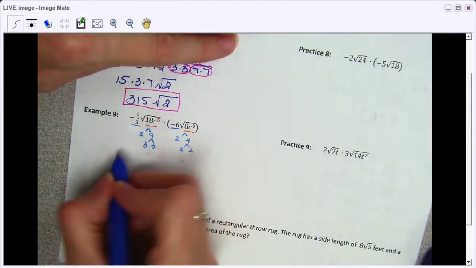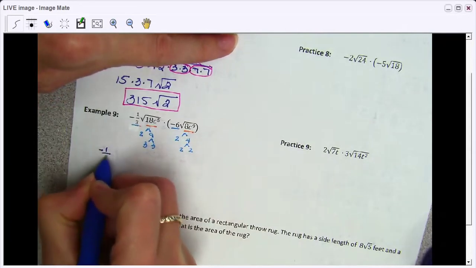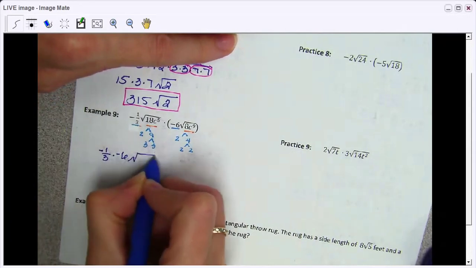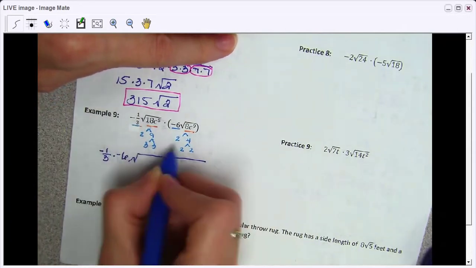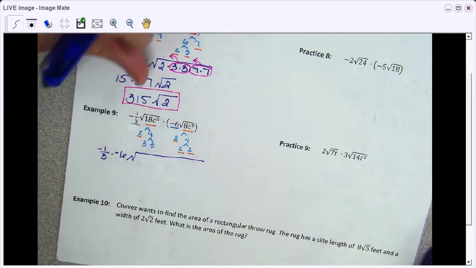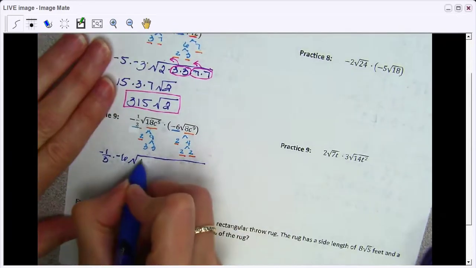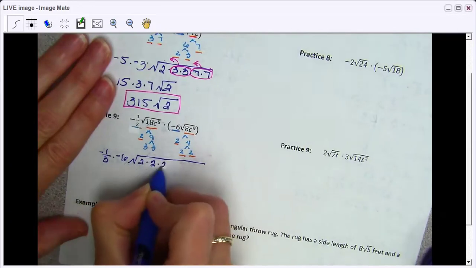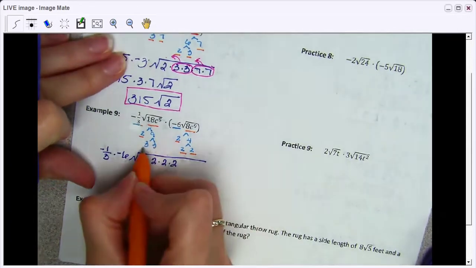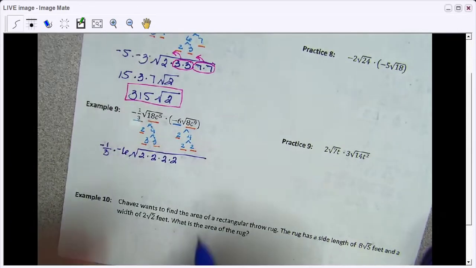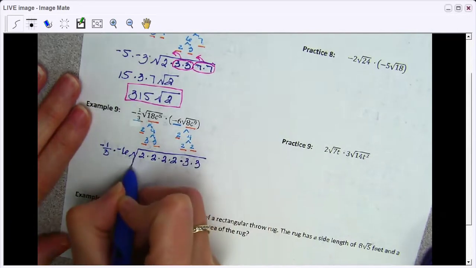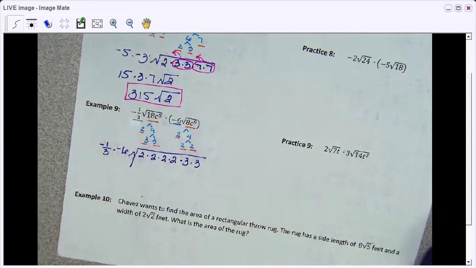So -1/3 times -6, and then underneath the radical, I have 1, 2, 3, 4 2's. And then I have 2 3's. And then I have all these C's. I have 14 of them.